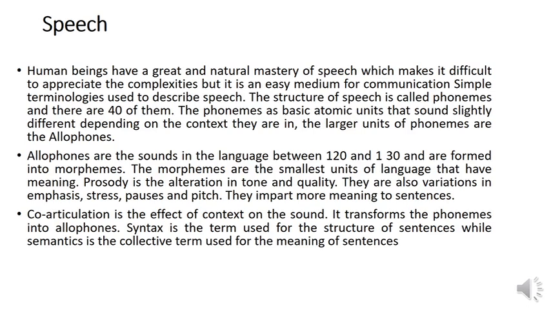Allophones are the sounds in the language, between 120 and 130, and are formed into morphemes. The morphemes are the smallest units of language that have meaning. Prosody is the alteration in tone and quality. There are also variations in emphasis, stress, pauses, and pitches.